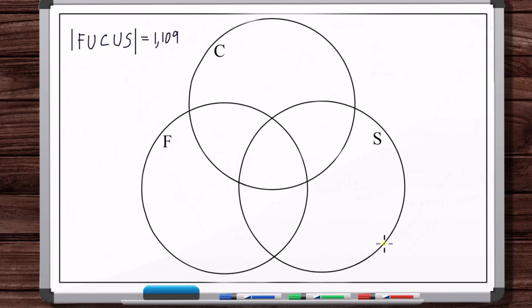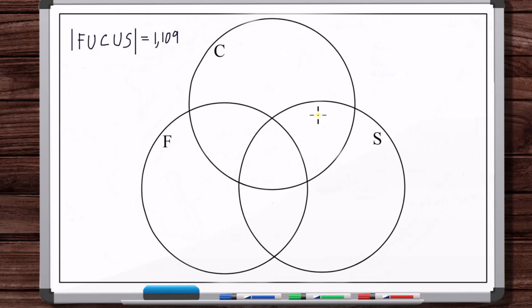Okay. Now, we're also told that there are 796 students who have taken Spanish, 285 who have taken French, and 97 who have taken Chinese. So what does this information tell us? Notice I didn't say that there were 796 students that have taken just Spanish. The statement is there's 796 students that have taken Spanish.